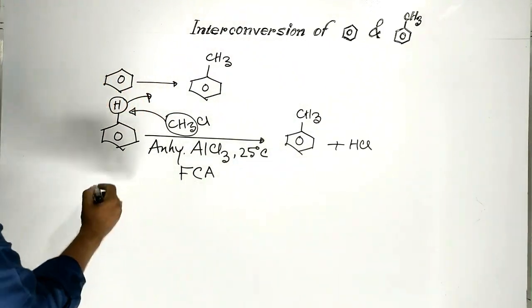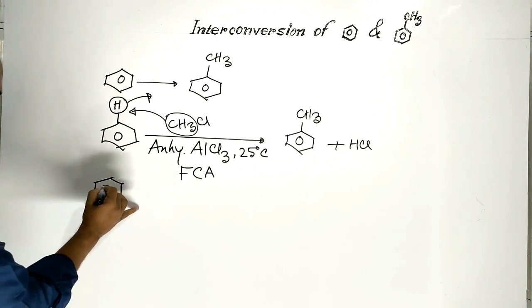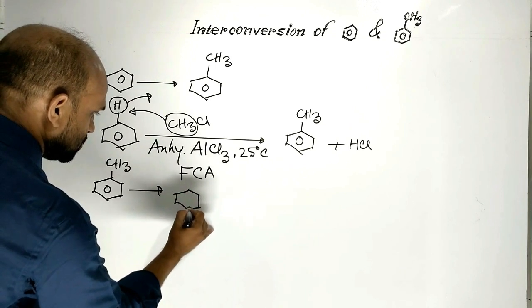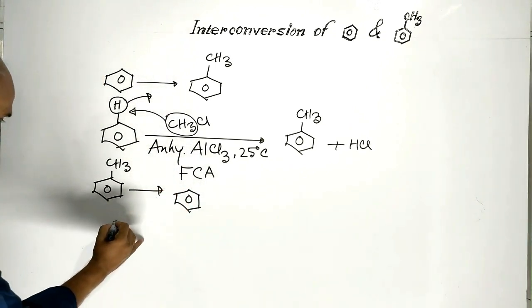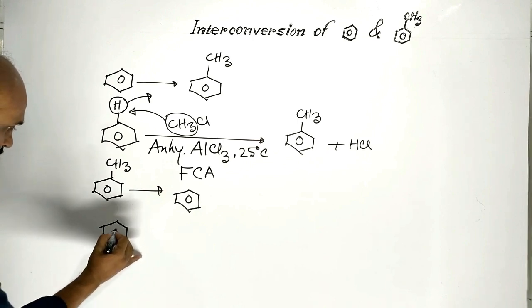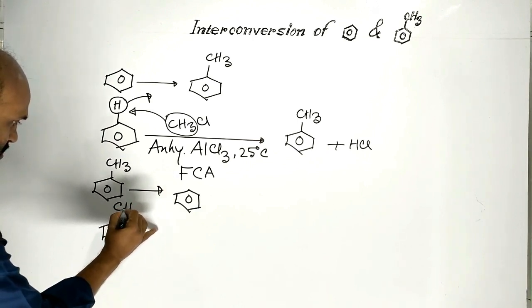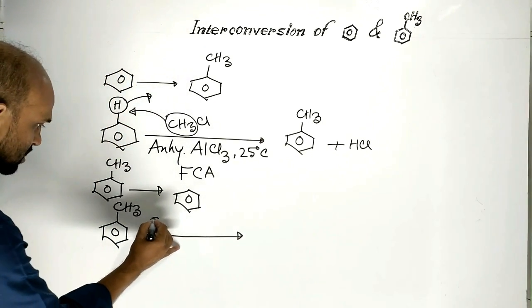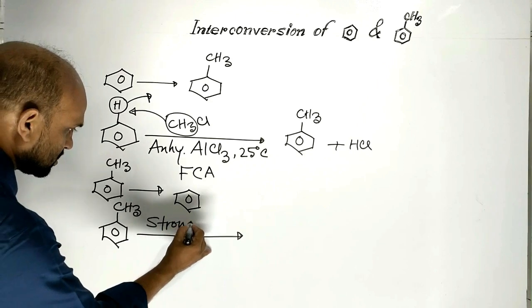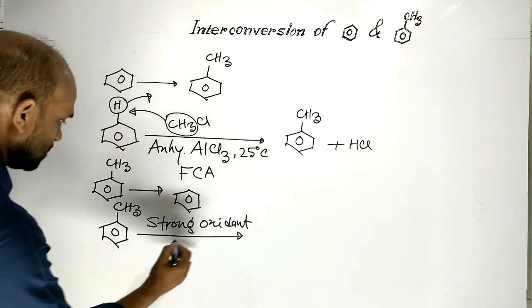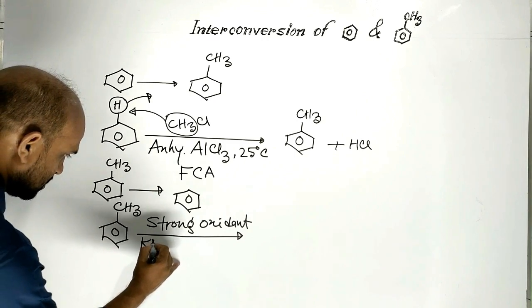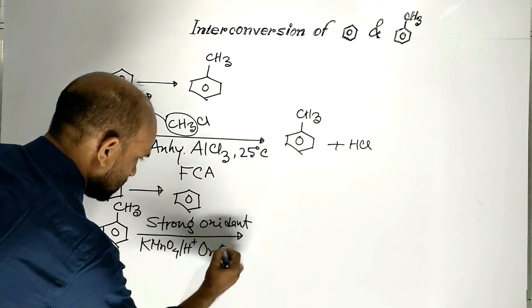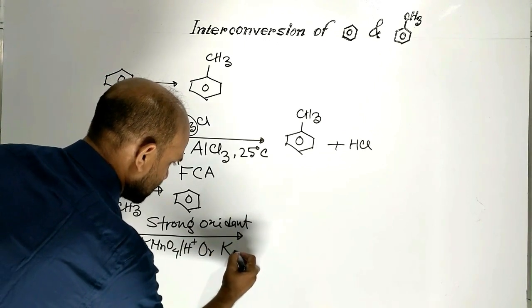Now, let us see conversion of toluene to benzene. In this case, first of all, toluene is oxidized by strong oxidant like acidic potassium permanganate or acidic potassium dichromate.